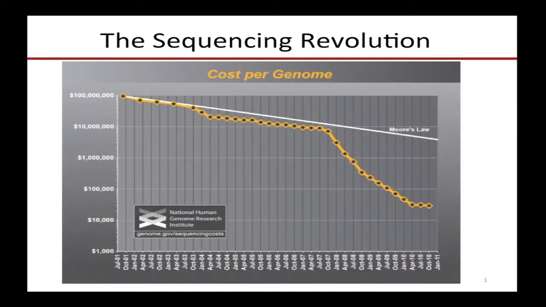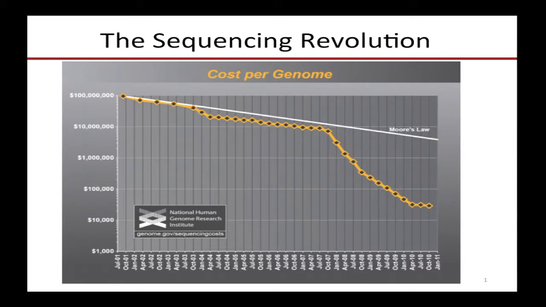Okay, so this is a customary slide in almost all the bioinformatics talks, and the basic idea here is that there has been a revolution going on. Most of electrical engineering growth has been driven by Moore's law, the doubling of transistors per unit area and the cost of transistors.